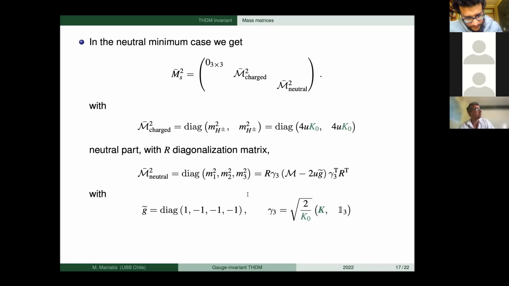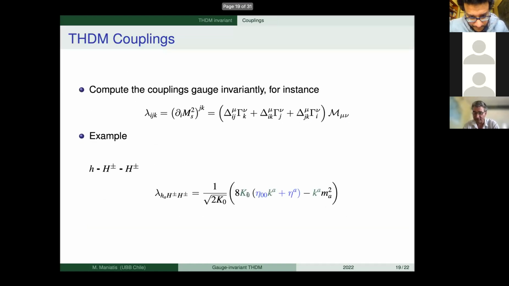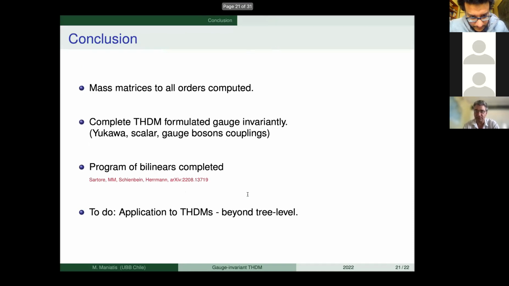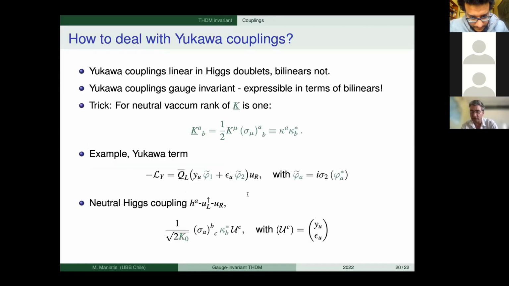But maybe I don't get the point. You can do it before all the calculations. We have expressed the couplings and the masses, everything in terms of gauge-invariant quantities, and then you can go ahead and do all the calculations as before.